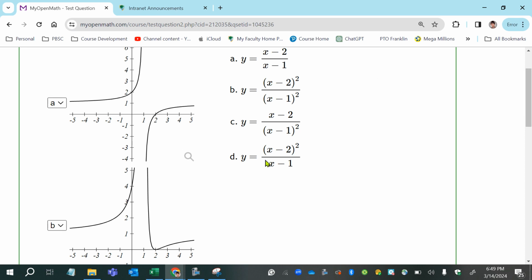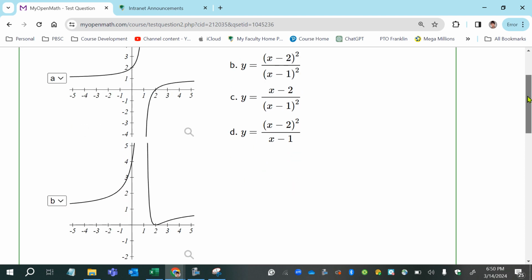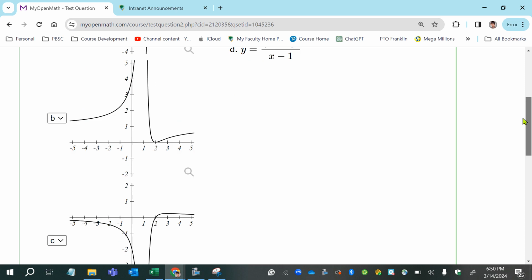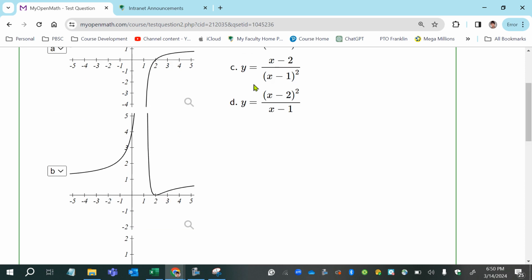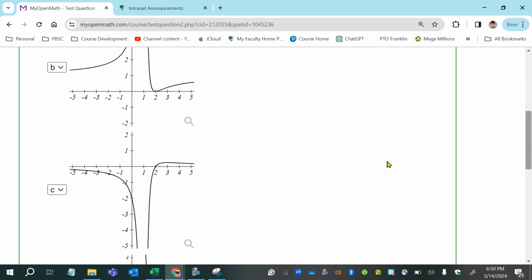They're actually in order A, B, C, D. I don't know if that's going to be the case on all of these versions of this problem, but right now that's how they align. Knowing that C goes along with this third option, we might look at that and say, well, it's supposed to have a horizontal asymptote on the x-axis, but the function is actually going through and over the x-axis.